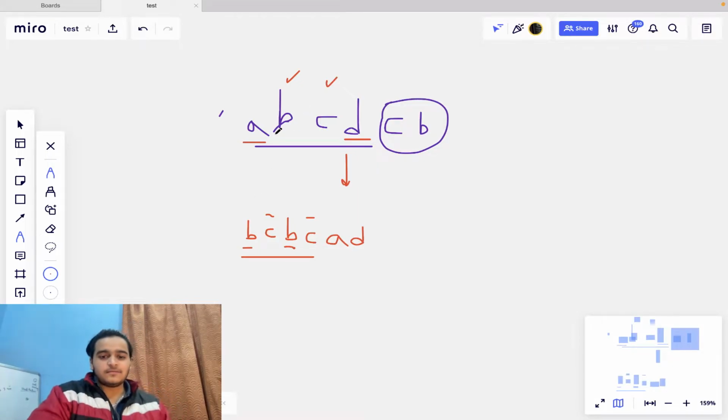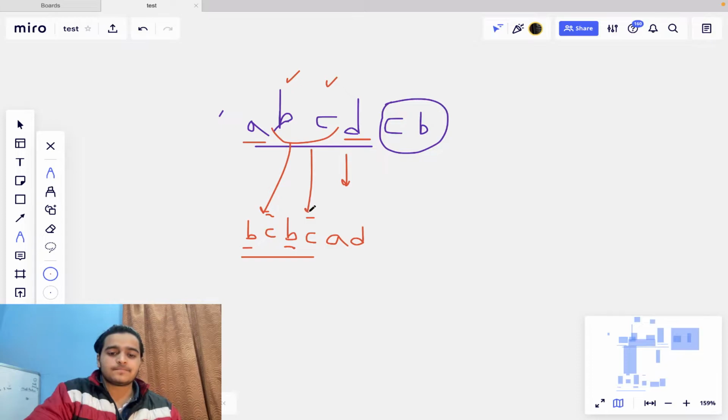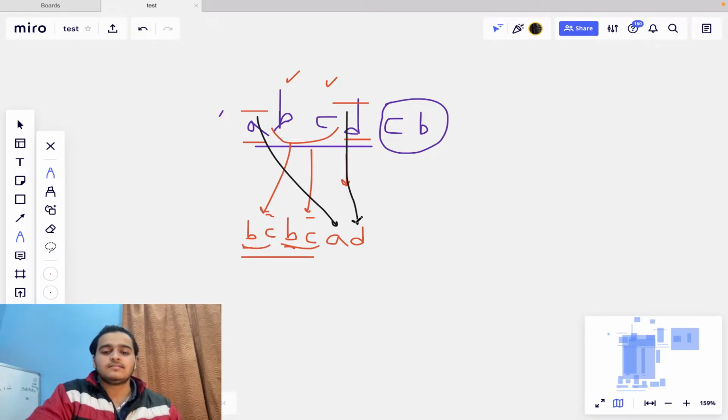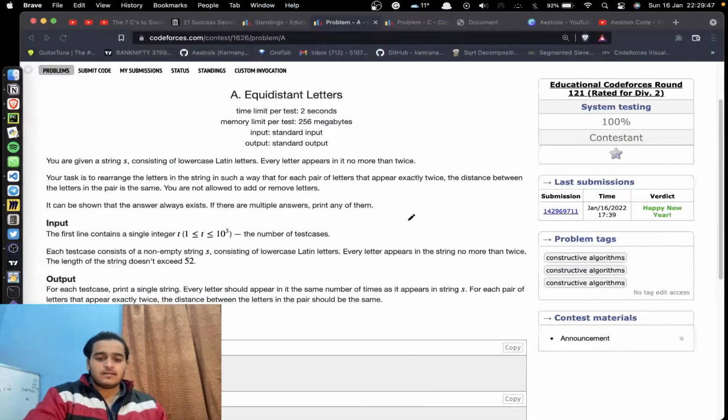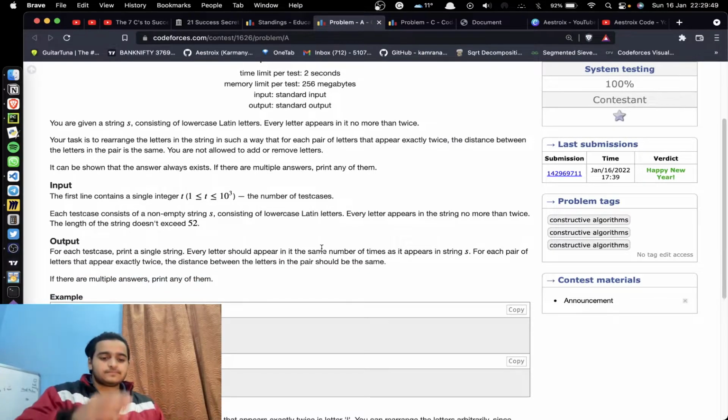The letters which are repeating, we write them first and write them twice, and then write the remaining letters after that in any order, because the order doesn't matter. That's what this question was saying, and this was quite a simple one.